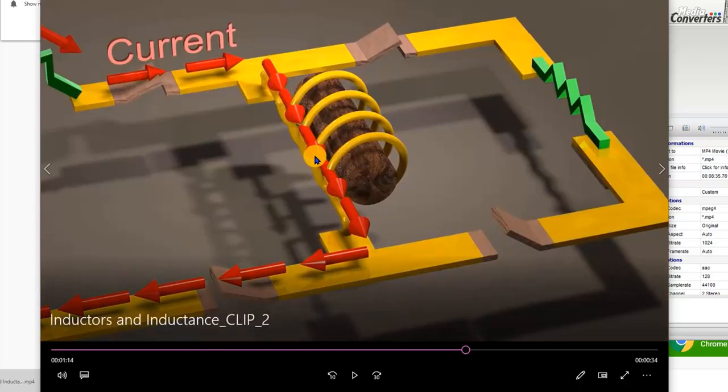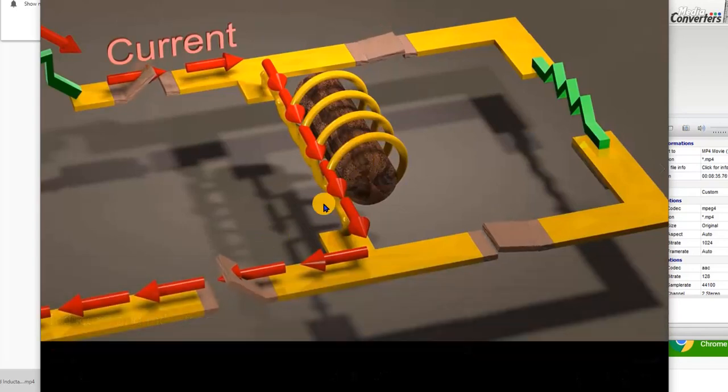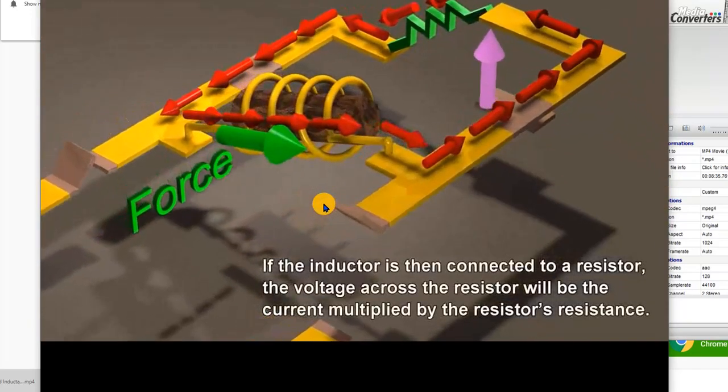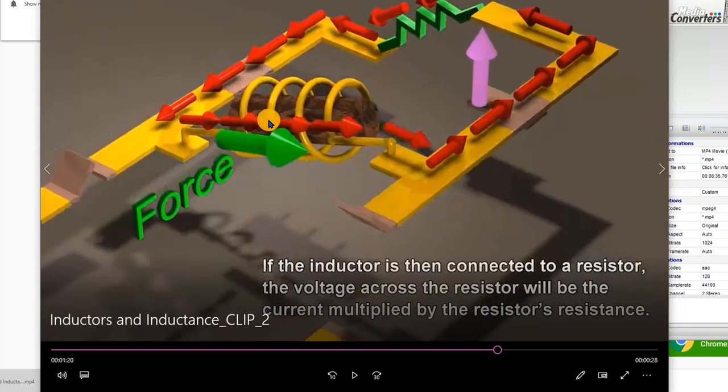Initially the current was flowing, and now we are trying to break the circuit. We are trying to say the current shouldn't flow anymore, and the inductor will resist. Let's see how it resists. There you are. It will offer EMF, or a great voltage, to keep the current flowing.